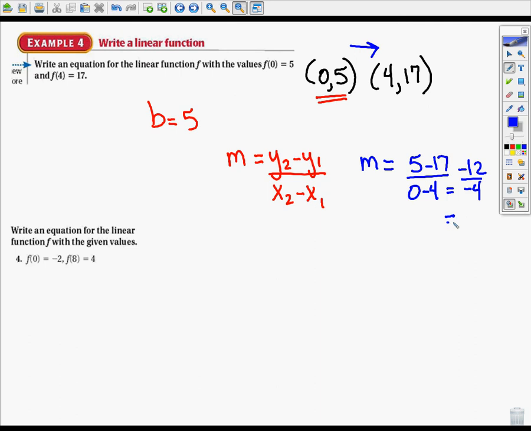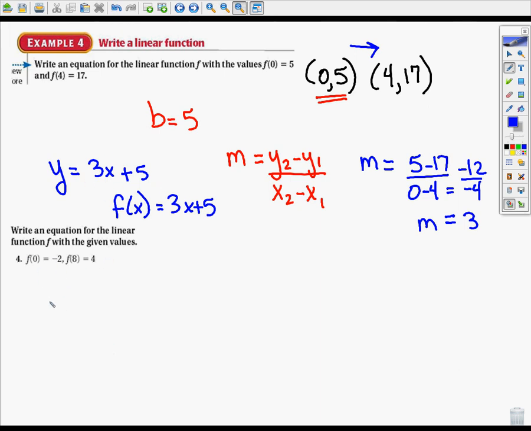When I divide, I get a positive 3. So my slope is positive 3. My y-intercept is 5. So my equation is y equals 3x plus 5. It may look like this in the answer key. Since they had us with function notation, I would write f of x equals 3x plus 5. Same thing, just different notation.